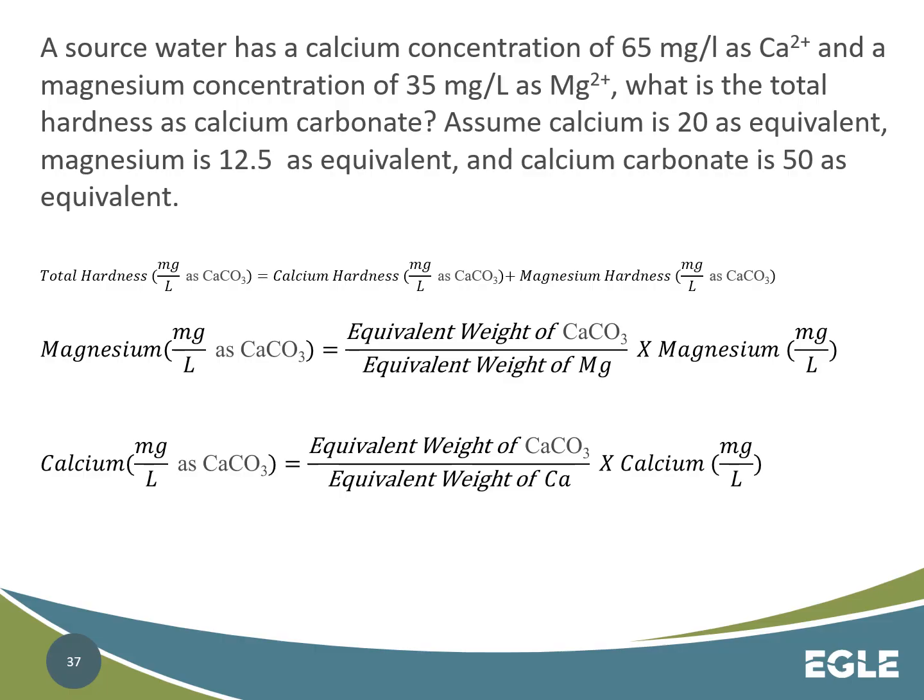With magnesium hardness, you have the equivalent weight of calcium carbonate on top divided by the equivalent weight of magnesium on the bottom, multiplied by your magnesium concentration as magnesium. For calcium, you have the equivalent weight of calcium carbonate on top divided by the equivalent weight of calcium on the bottom, multiplied by the calcium concentration in terms of calcium ion.